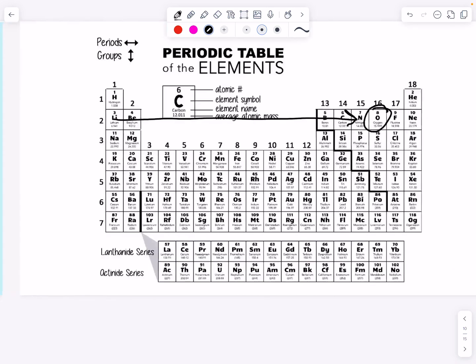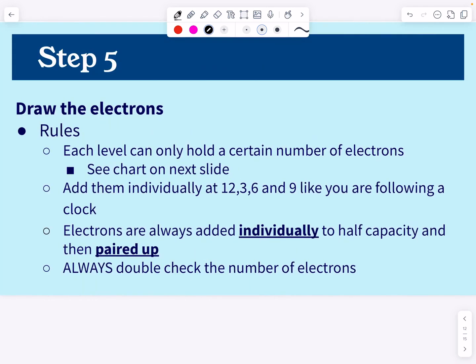Then the last step is to draw the electrons, but there are some rules when we draw the electrons. Each level can only hold a certain number of electrons, so you're going to see the chart on the next slide. We're going to add them individually at 12, 3, 6, and 9, like you're following a clock.